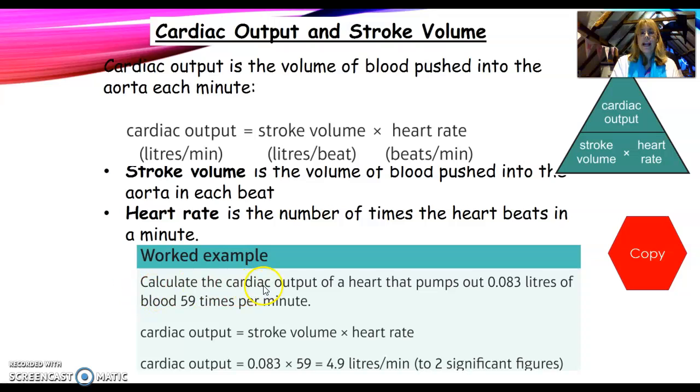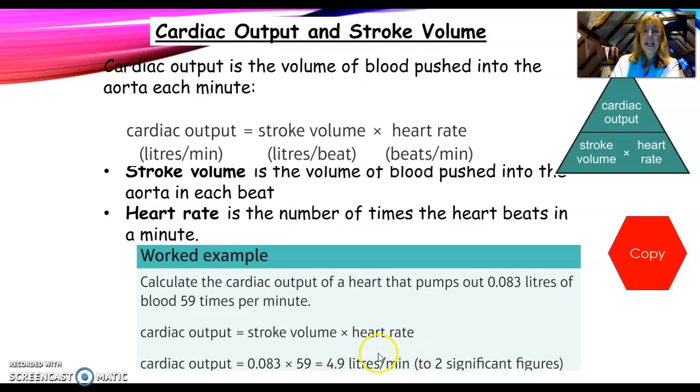Okay, so the question is, calculate the cardiac output of a heart that pumps out 0.83 liters of blood 59 times per minute. So the 0.83 is our stroke volume. The heart rate is 59. So we write down the formula always. We show our substitution, and that gives us an answer of 4.9 liters per minute.